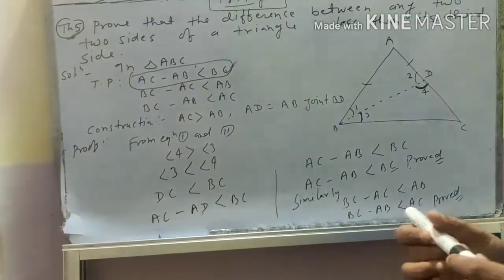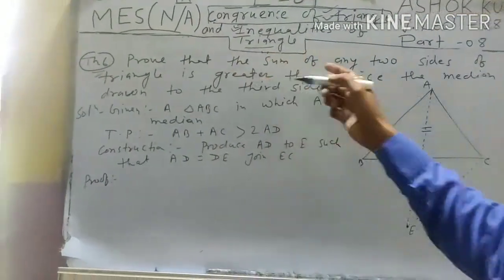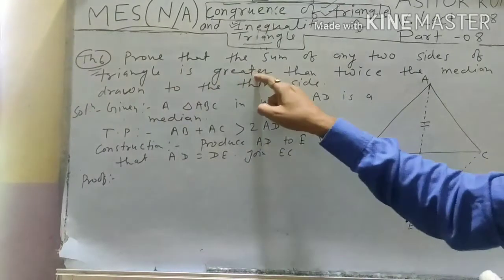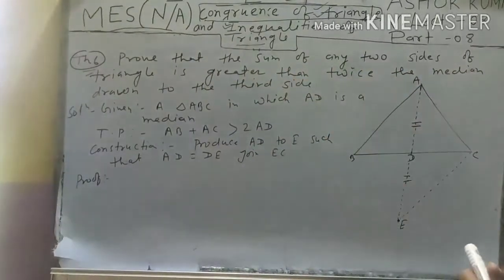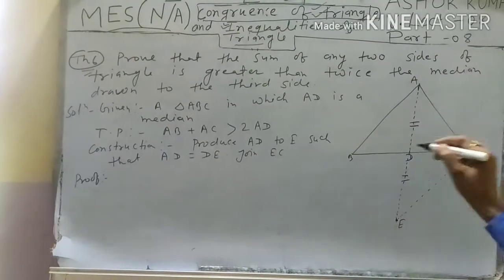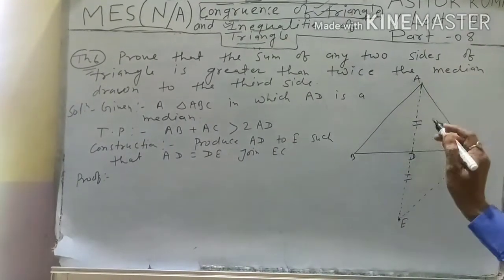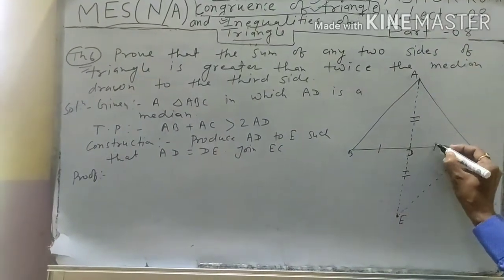The last theorem is theorem number 6. Prove that the sum of any two sides of a triangle is greater than twice the median drawn to the third side. We know that in triangle ABC, AD is the median. Median divides the side into two equal parts, that means this side is equal to this side.